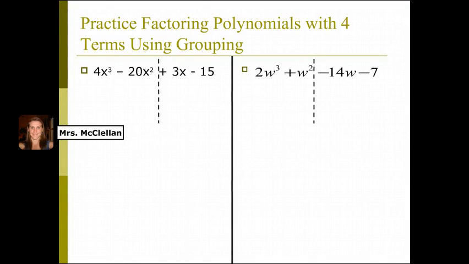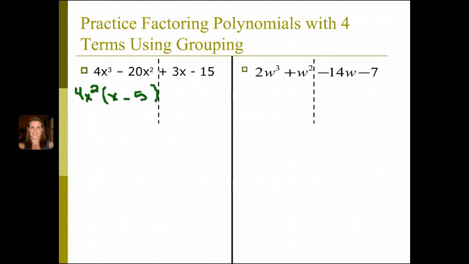Okay, so let's practice a few examples. We need to find the greatest common factor on the first half of the polynomial. Our greatest common factor is 4x squared, and our leftover factor here is going to be x minus 5.